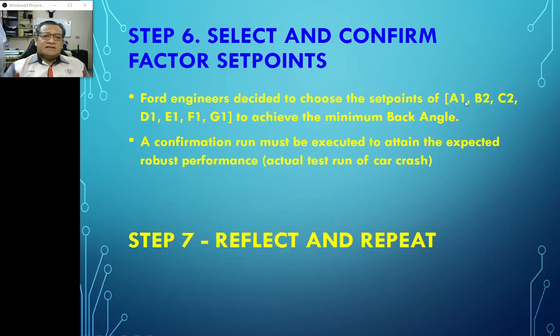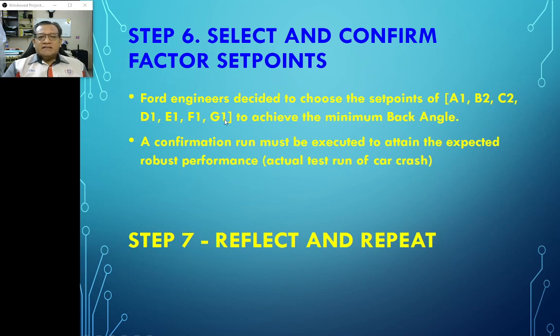As such, at step 6, we have to select and confirm the best factor set points. So as such, Ford engineers decided that to have the minimum back angle the set point of the testing must be set at A1, B2, C2, D1, E1, F1, and G1.